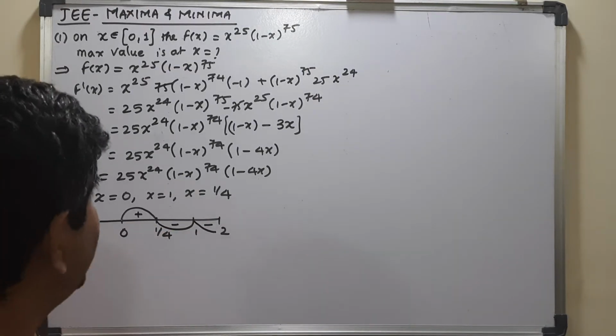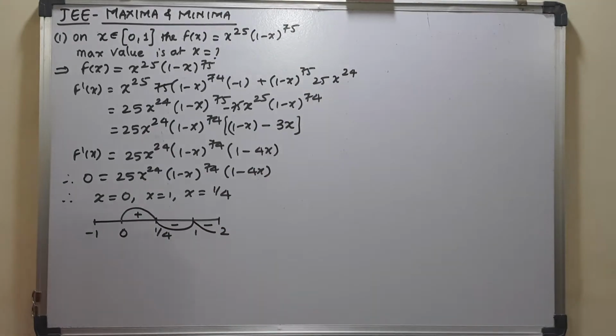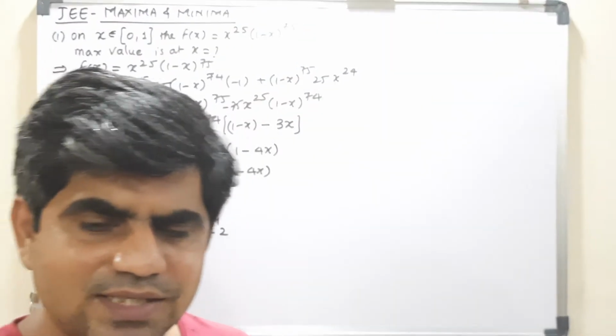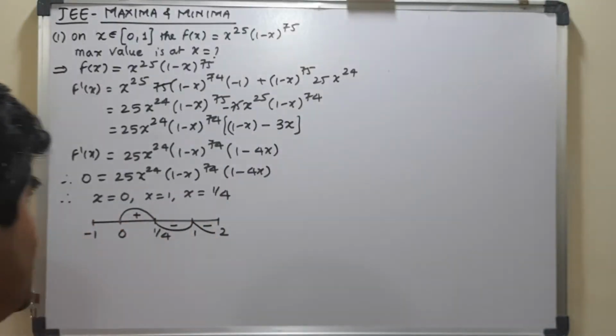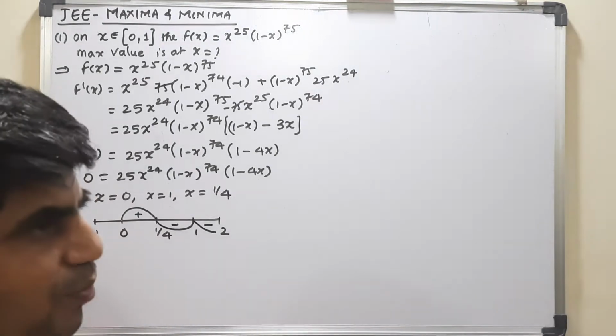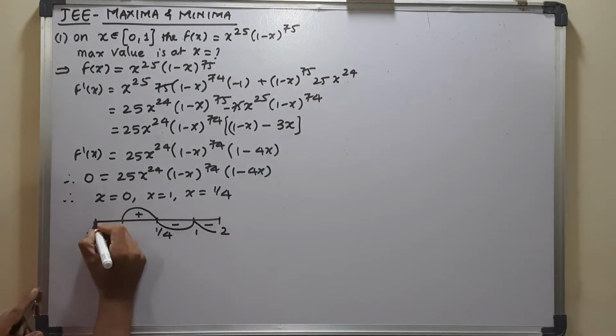Between 0 and minus 1, if I take minus 0.5, then 1 minus 4 into minus 0.5 is positive, so here also it is a point of inflection.